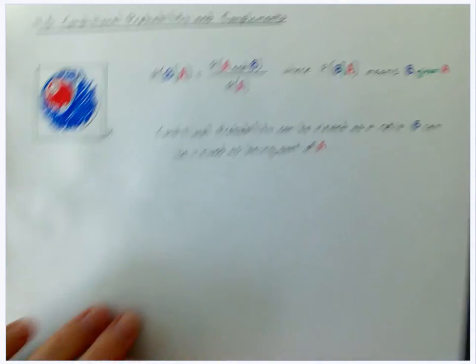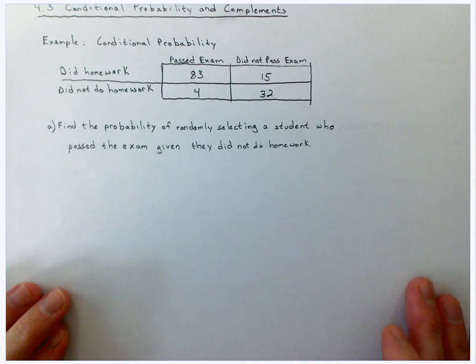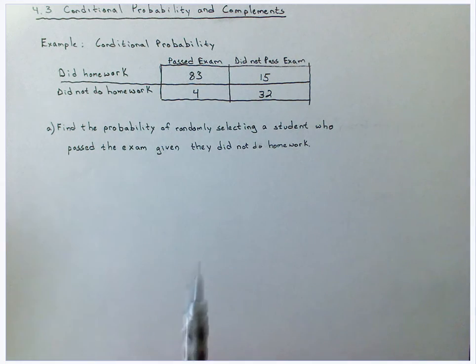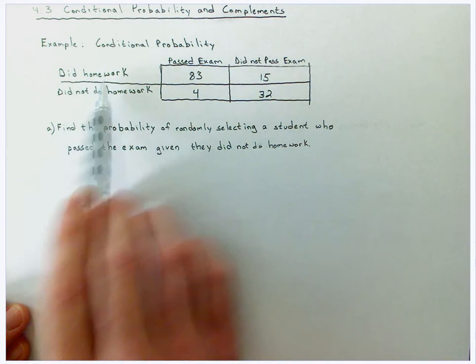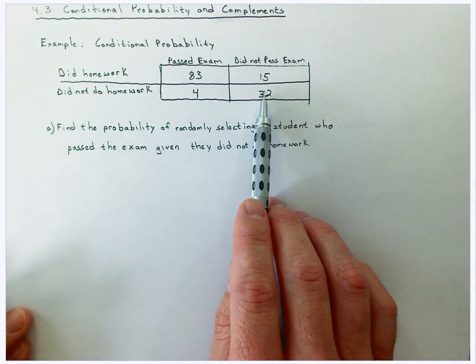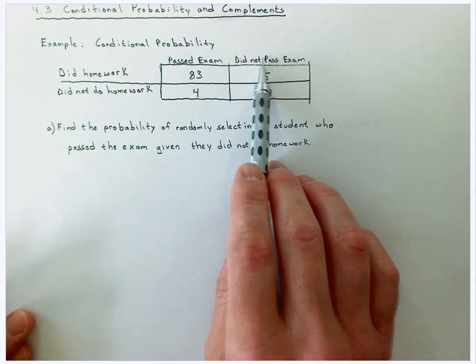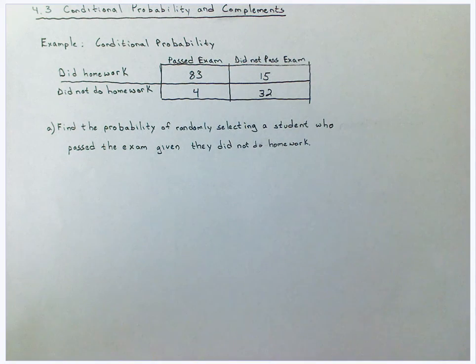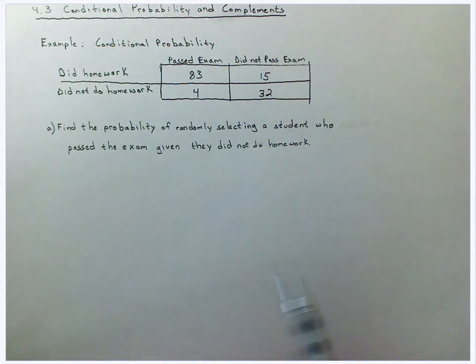So let us look at an example. Here we have a table, and what's broken down for us is did homework, did not do homework, passed exam, did not pass exam. And I tried to use the same nomenclature instead of passed exam, failed exam. Getting to the statistics talk.